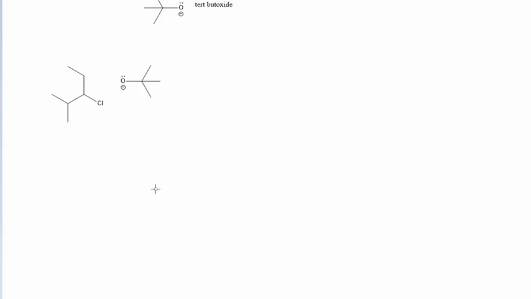Okay, I'm going to assume you gave it a try. So again, first things first, identify the leaving group. That's going to be here, so this is the carbon that is of interest. You know you're going to have beta hydrogens here and beta hydrogens here. So as a result, you're going to be looking at this. Now we have beta hydrogens on both adjacent places to the site of interest.